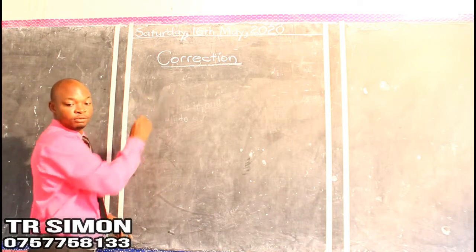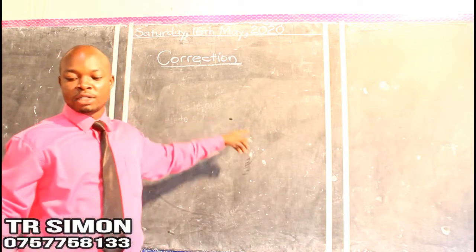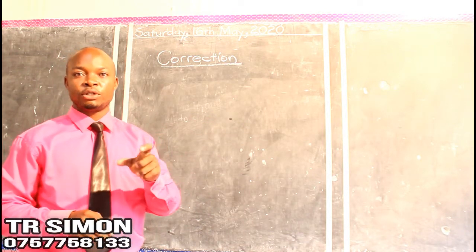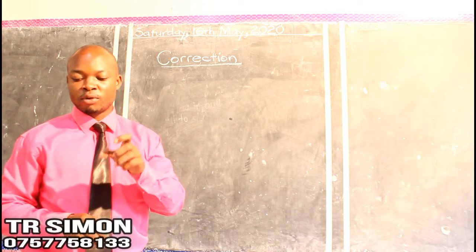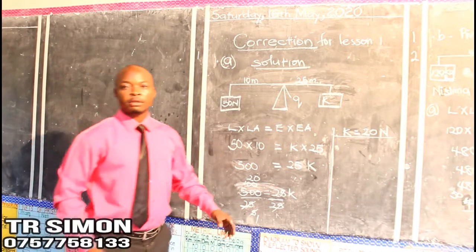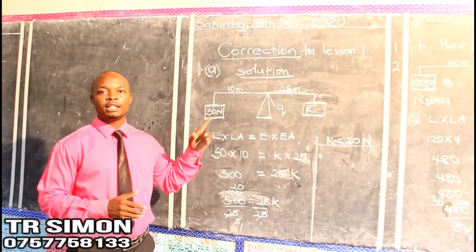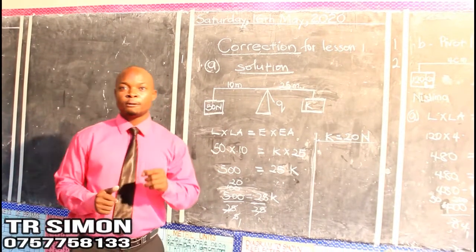We say we had received the number 1. The diagram below shows a lever, and you saw the illustration. So we're beginning with A, where I've said, what is the weight of K? Like I left you with the activity for lesson 1.